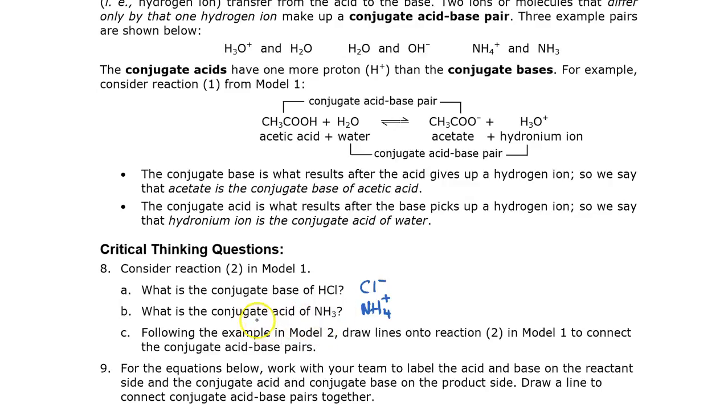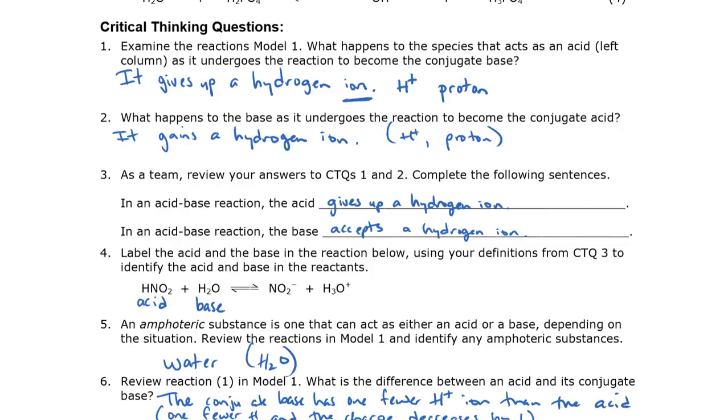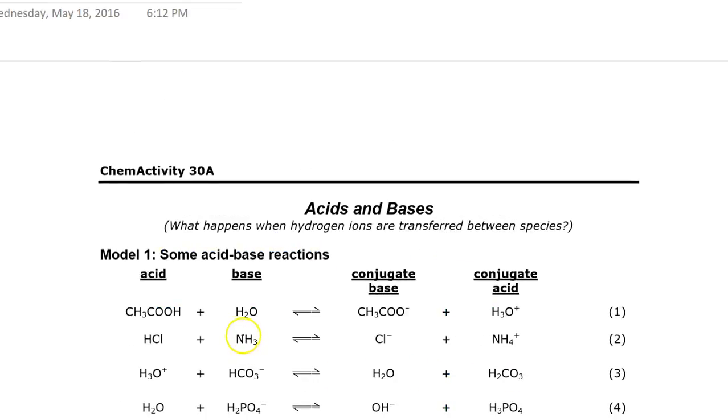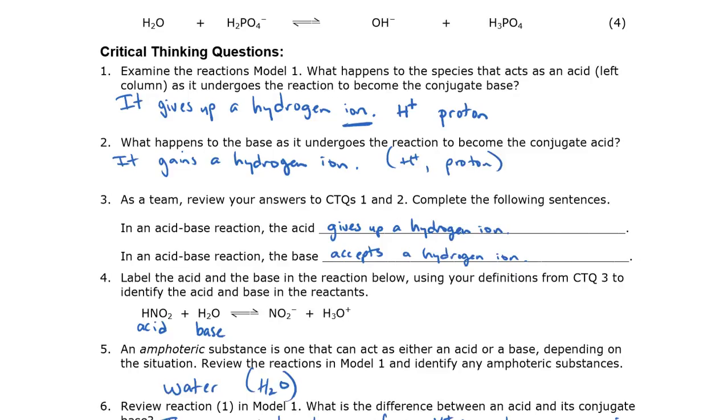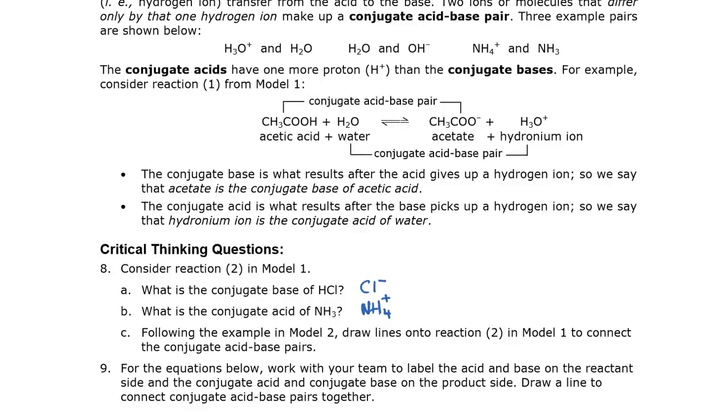If I want the conjugate acid of NH3, that means this must be the base. So to get to the acid, I need to have one more hydrogen ion, so add an H and add a plus. If I go back and look at that reaction, NH3 was the base, NH4+ is the conjugate acid, one more hydrogen and one more positive charge.